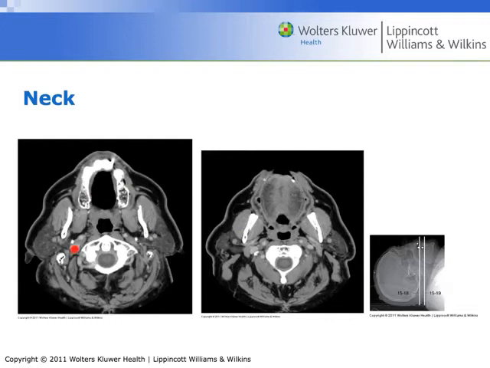Okay, let's try to look real closely right here. That's the internal jugular vein. It's the mastoid tip of the temporal bone. It's the parotid gland, so that's the patient's right parotid gland.